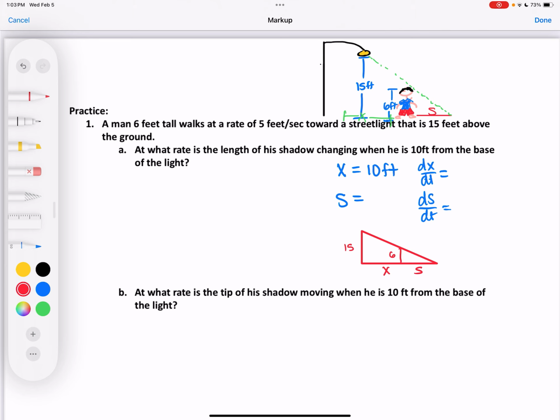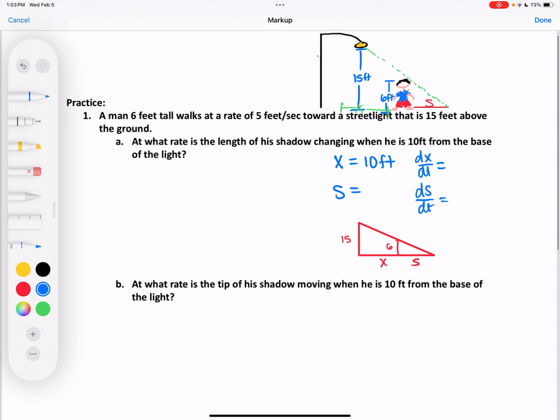So I'm looking at the big triangle versus this little triangle when I do my similar triangles.